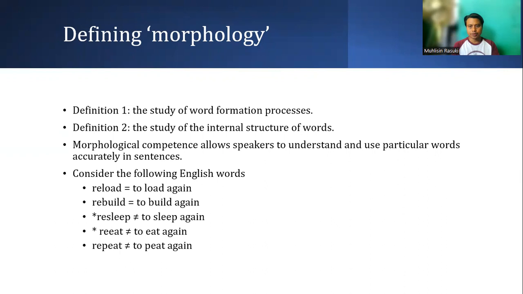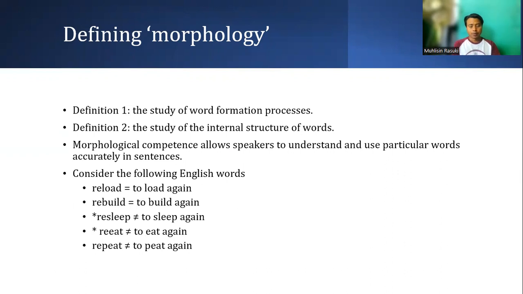The examples here are all concerned with the use of the morpheme re in English, which usually means to do something again, such as reload and rebuild. Reload means to load again, and rebuild means to build again.